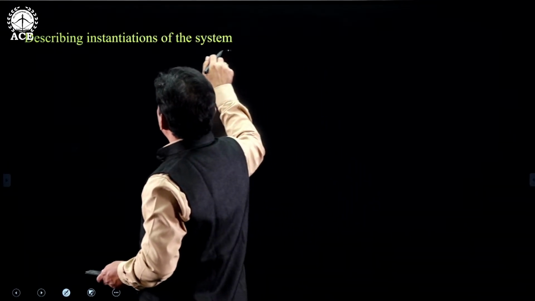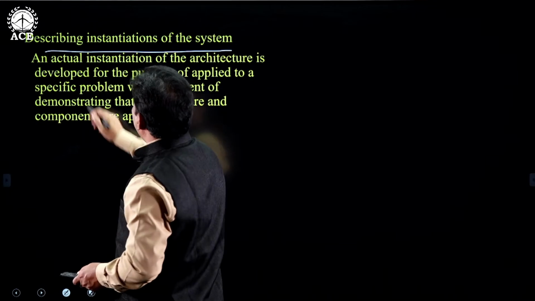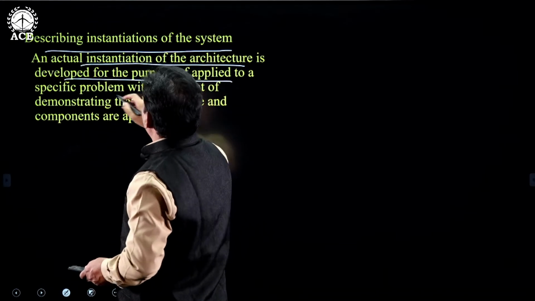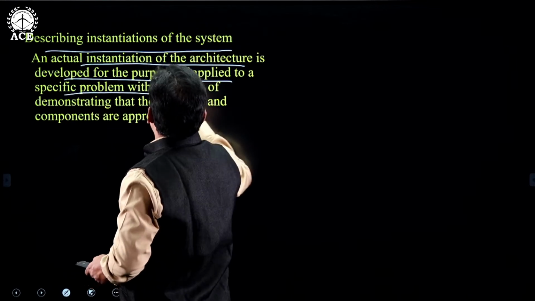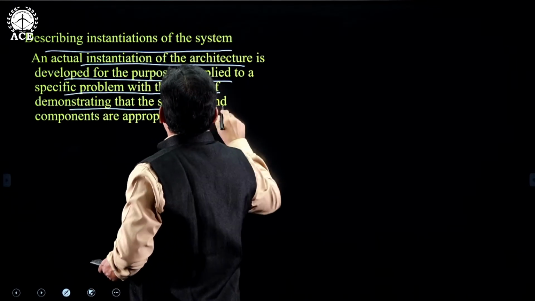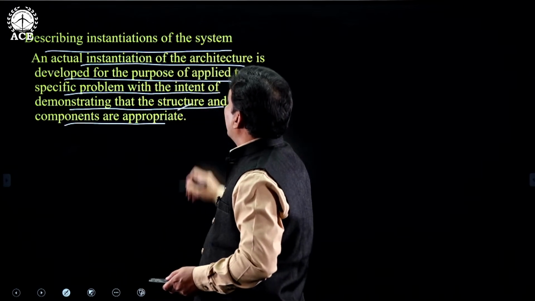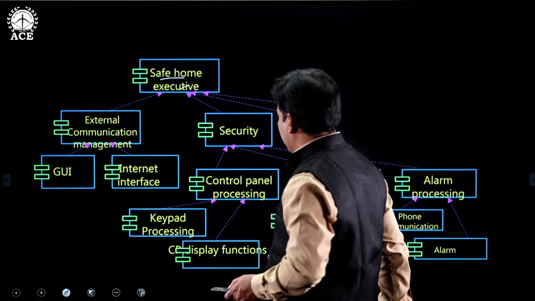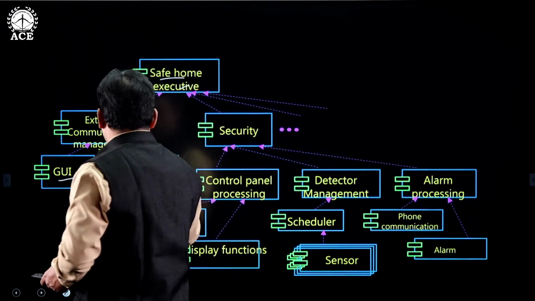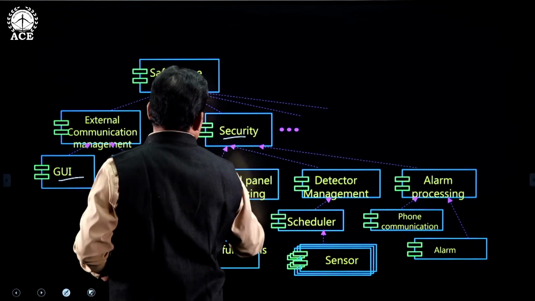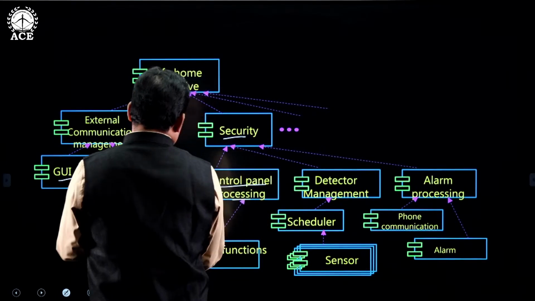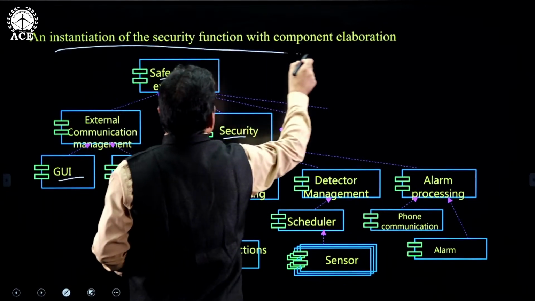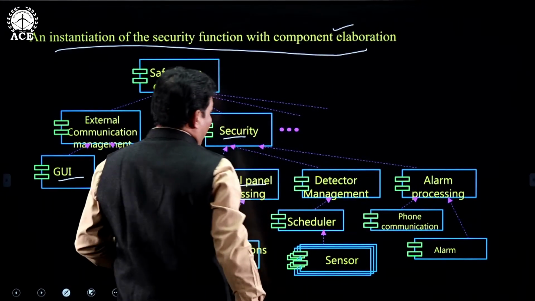Describing instantiation of the system. An actual instantiation of this architecture is developed and applied to a specific problem, with the intent of demonstrating that the structure and components are appropriate. So this is safe home executive, external communication management, GUI, internet interface, security, control panel processing. We give more detail here: keypad processing, an instantiation of the security function with component elaboration, more elaborated details.